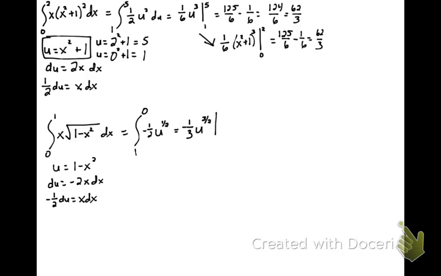I'm evaluating it from 1 to 0, so substituting in 0, this will be 0 minus, substituting in 1, we'll get negative 1/3, and so altogether the value of the integral is positive 1/3. We'll consider some more examples.